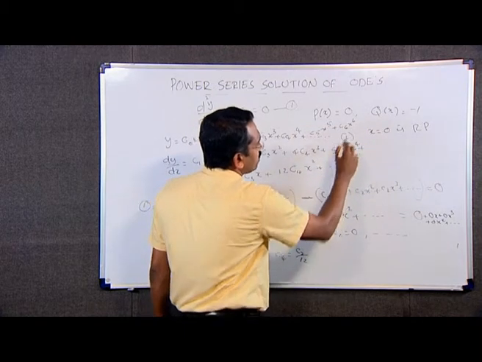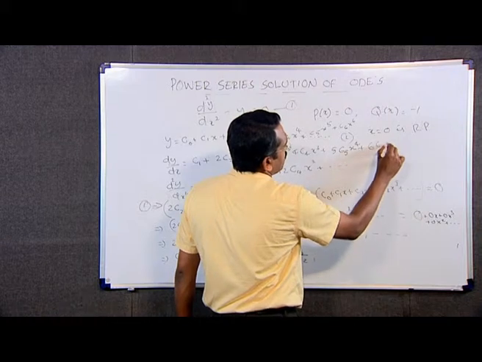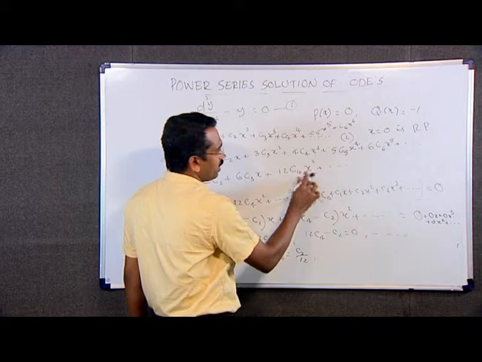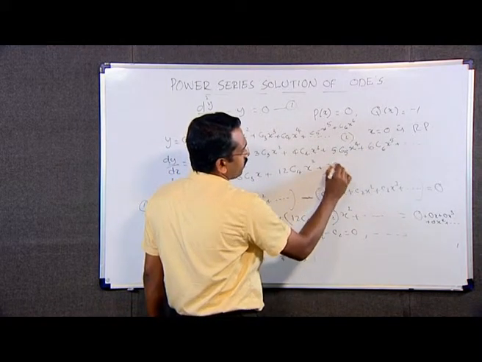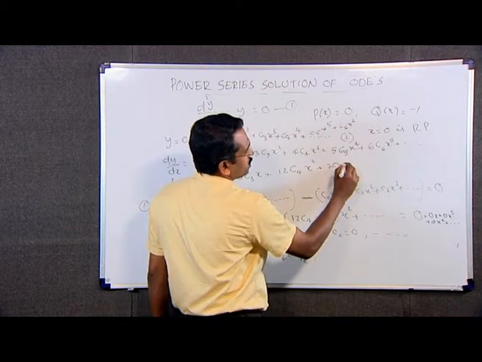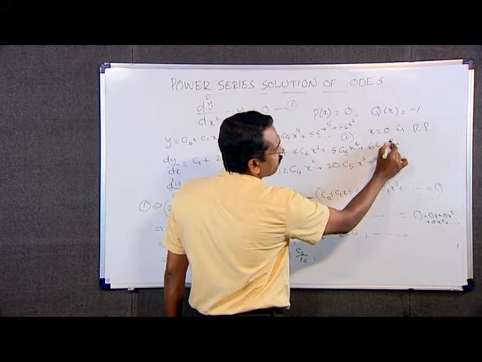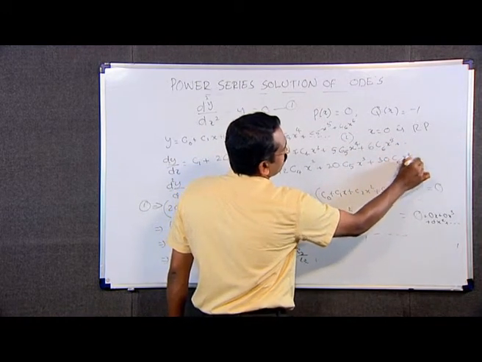The derivative is 6 into c6 x raised to 5 plus etc. Therefore, here 4 into 5 is 20 into c5 x cube plus here 5 into 6 is 30 c6 x raised to 4 and so on.